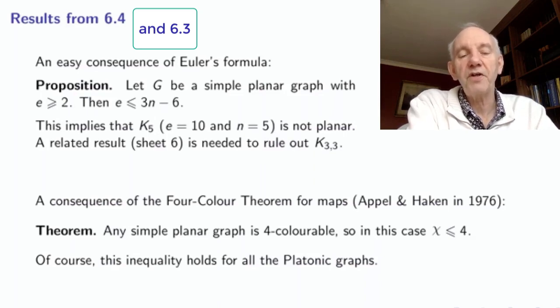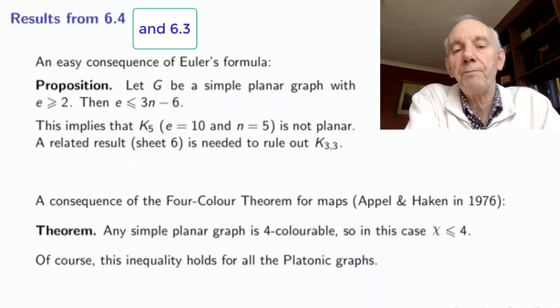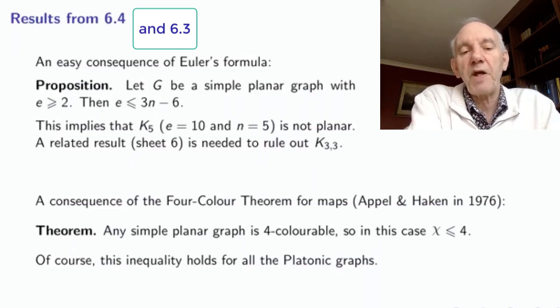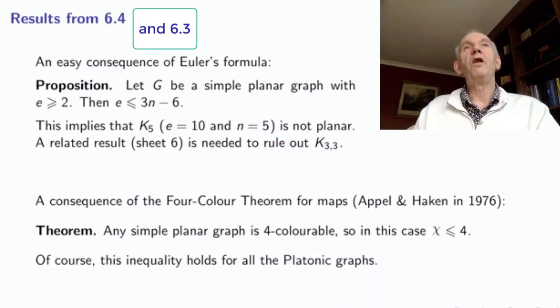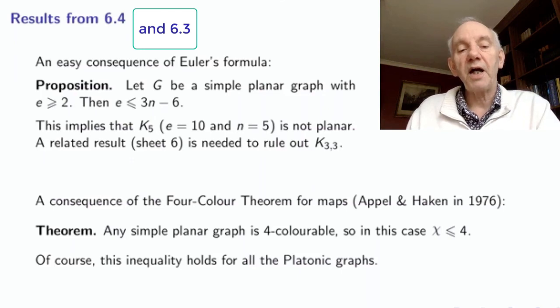So we'll see that if a graph is not planar, it must contain, in some sense, either K5 or K33. And understanding what I mean by contain will lead us to talk about subgraphs and also contracting edges in a graph.